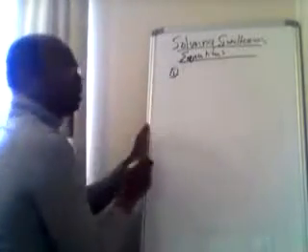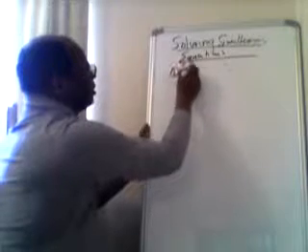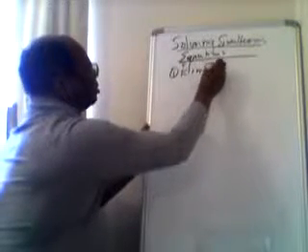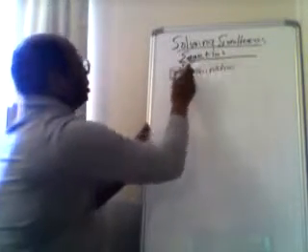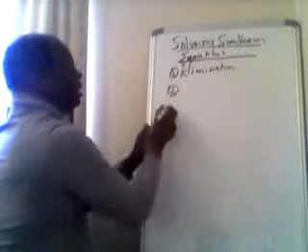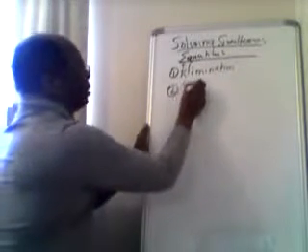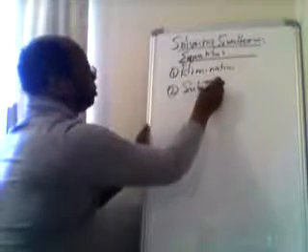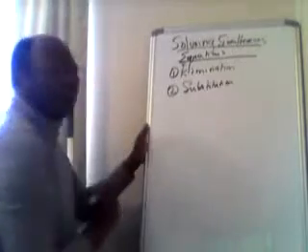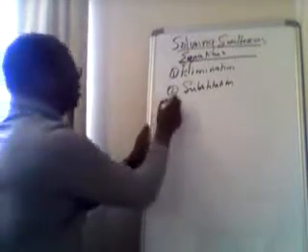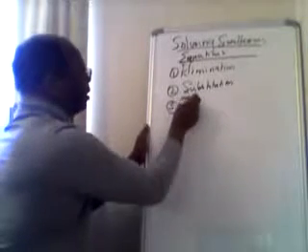Method number one is by elimination. Method number two is by substitution. And method number three is by graphing.